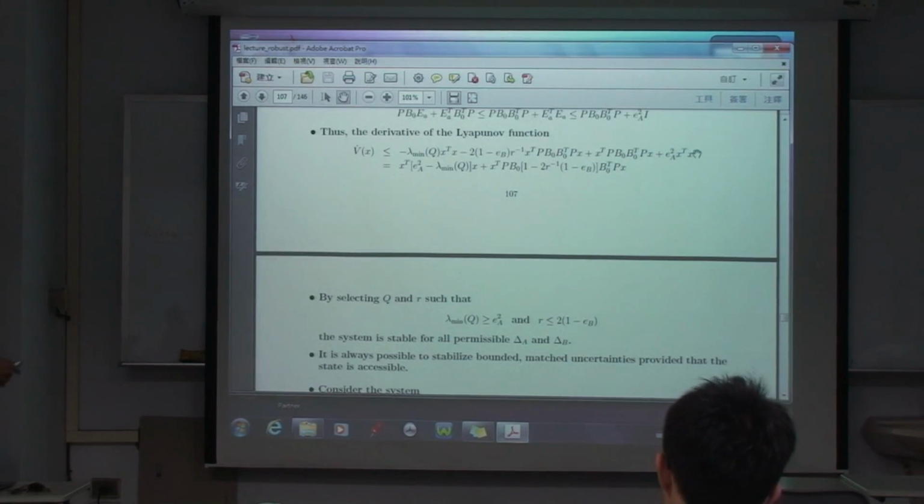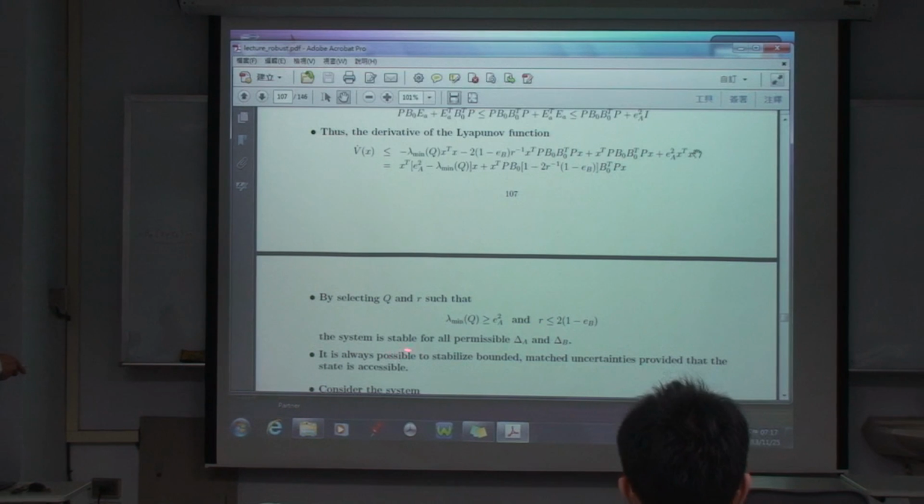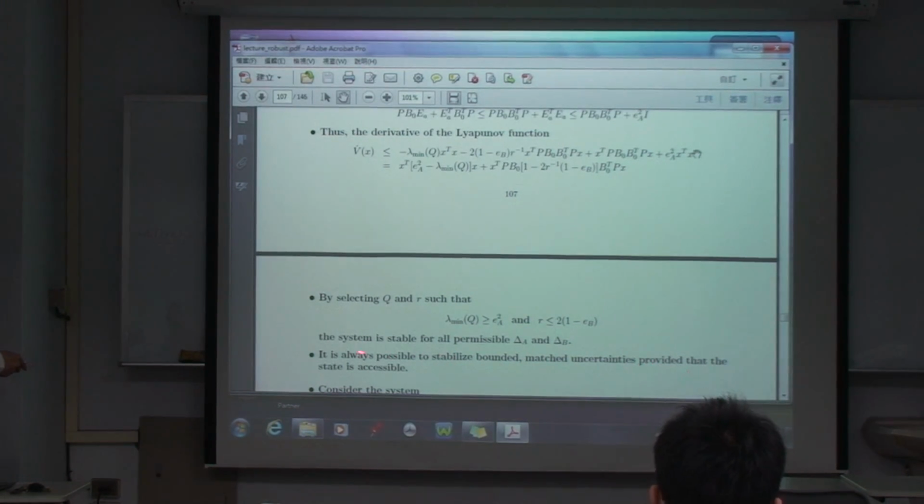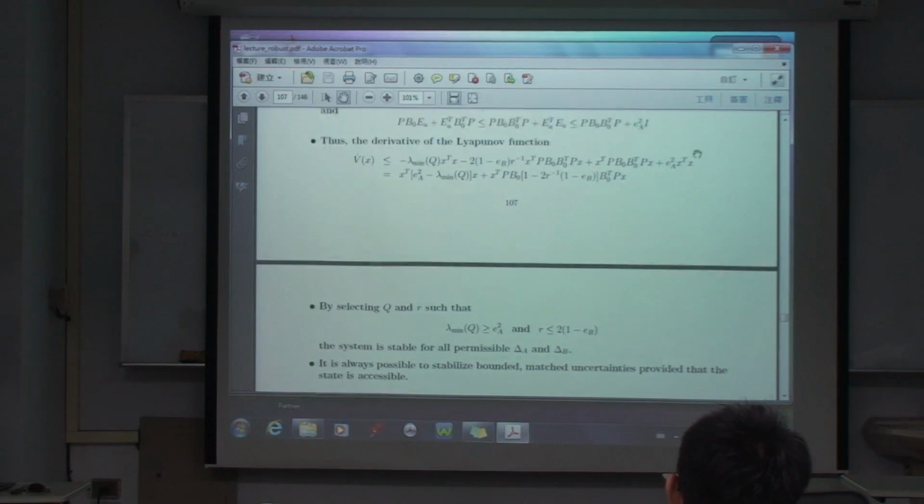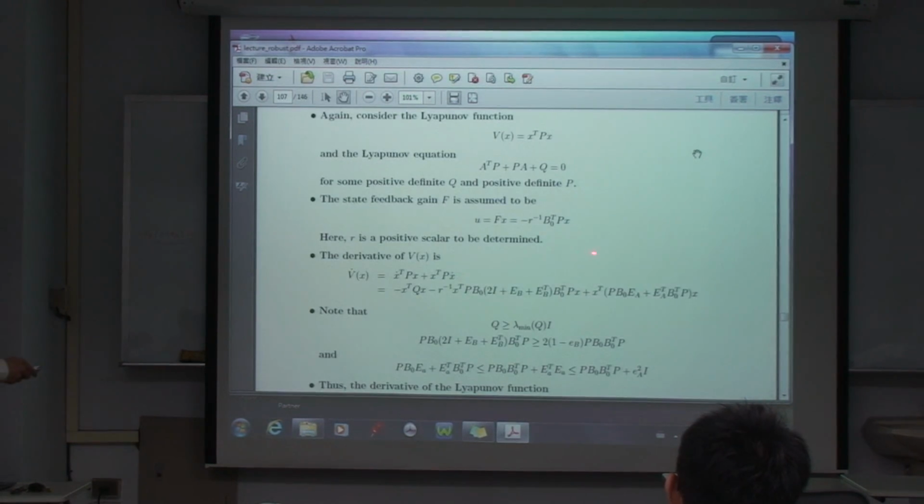So therefore, we could conclude that it's always possible to stay bounded for matched uncertainty, provided that the state is accessible. This is a very important statement, because it has to be bounded since here we need the product EB to be less than 1. Matched uncertainty, because we assume delta A and delta B to be in the range space of B0, and state is accessible, because we rely on control by using state feedback.